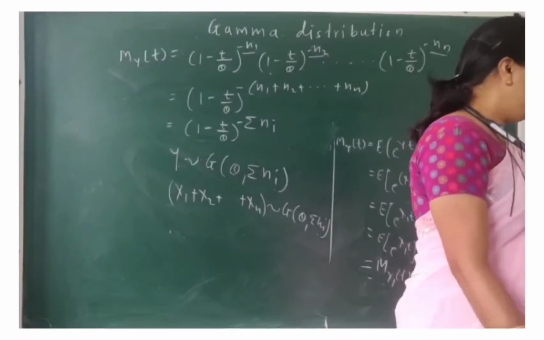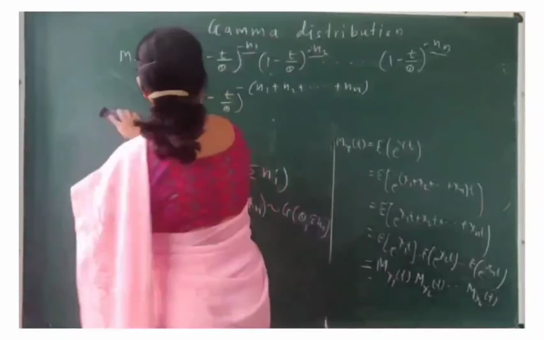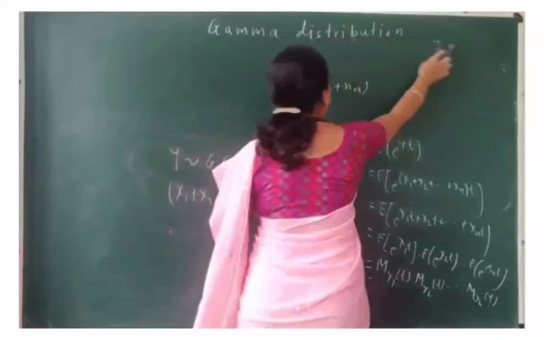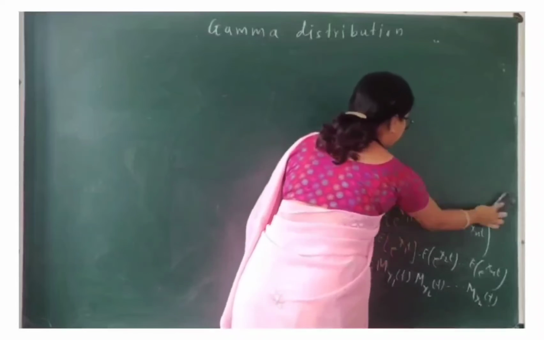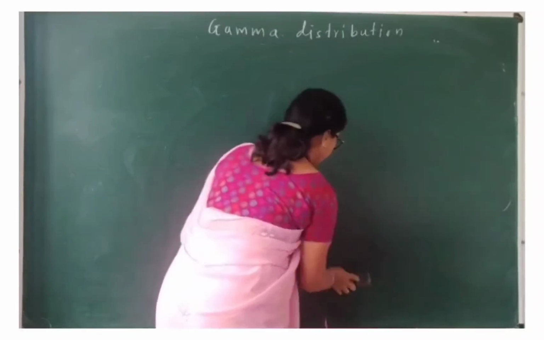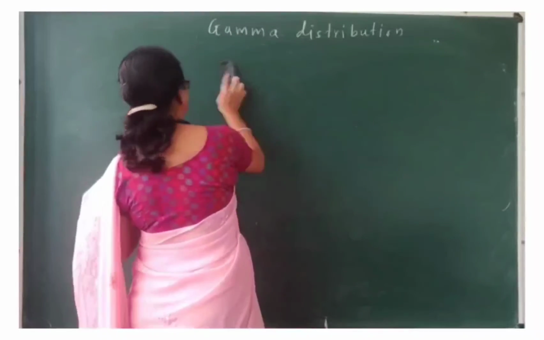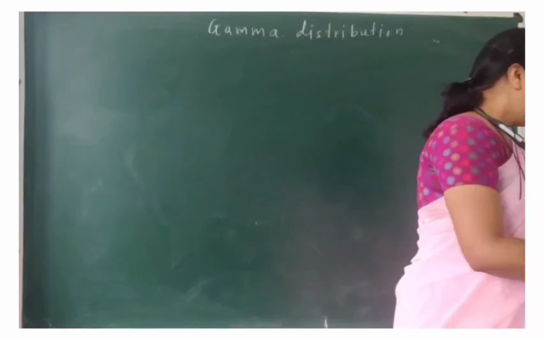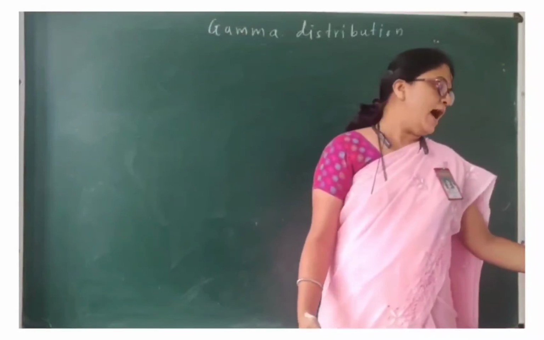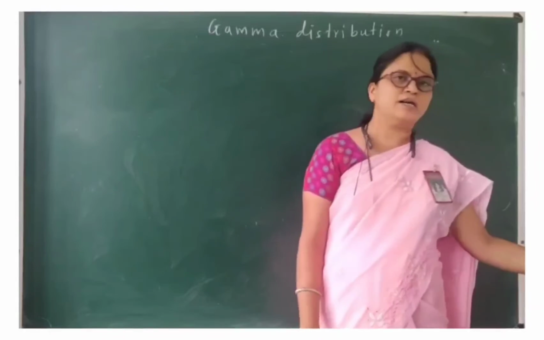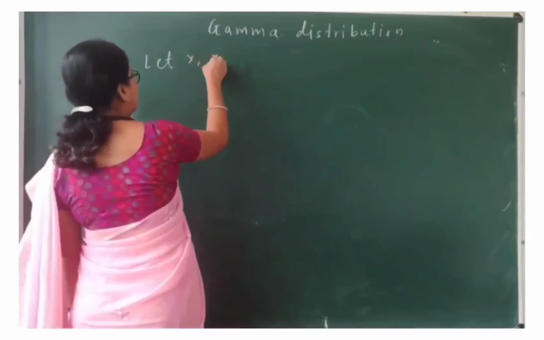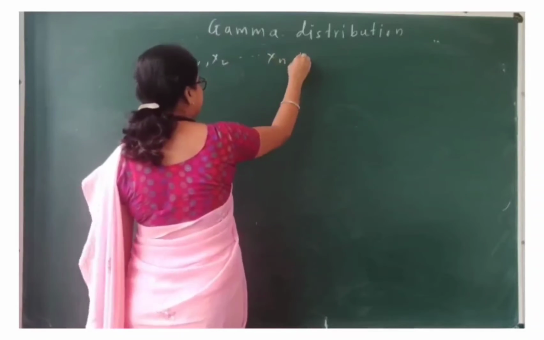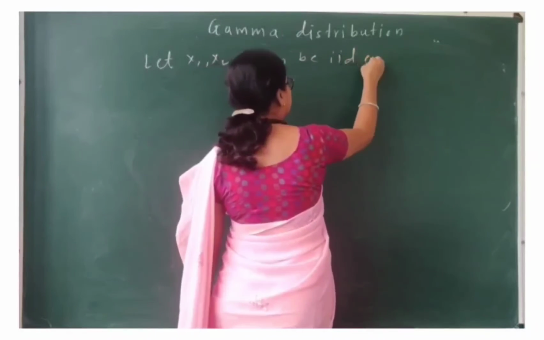Now let me have one more proof, the distribution of the sum of Xi, IID exponential random variables. Let X1, X2, so on up to Xn be IID exponential.